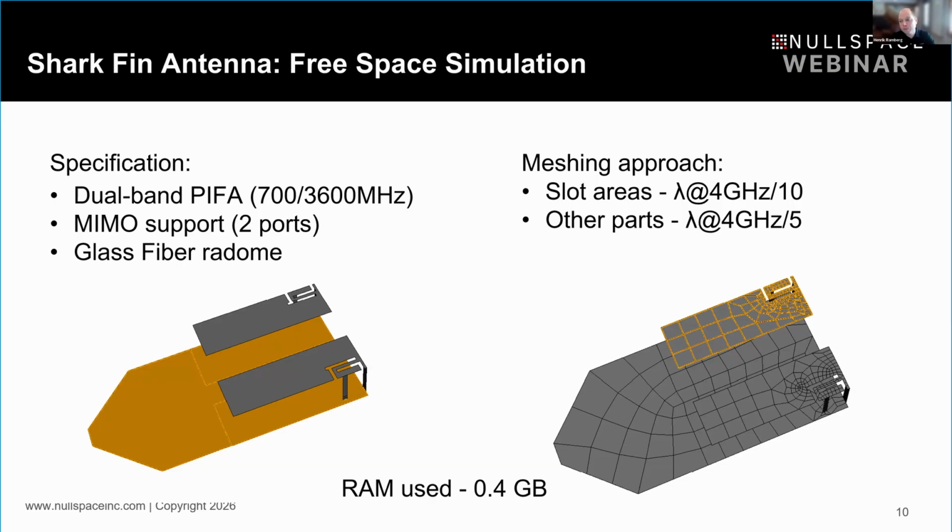And that means we just set it up and run with a good mesh from the beginning. And sometimes, or many times, when you have these special cases in, for example, CST or HFSS, you end up in the end of the day anyway going in and setting a special mesh setting in the slots here, for example. So we just want to point that out, that we go straight to the right solution here by controlling the mesh from the beginning.